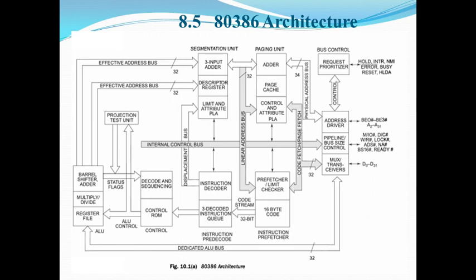The address driver drives the bus enable and address signals A0 to A31. The pipeline and dynamic bus sizing unit handle the related control signals, and the data bus interface connects the internal data bus with the system bus. So this is all about the architecture of 80386.